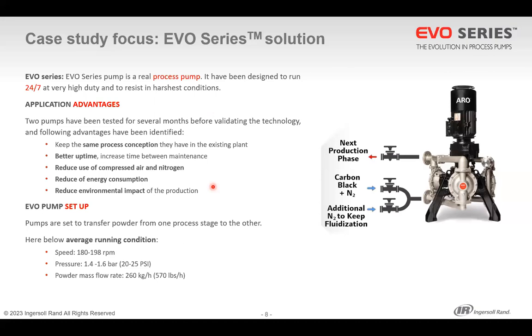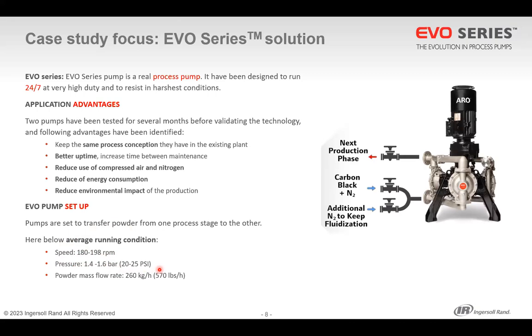Which was the setup in this particular video, the average setup, because of course, depending on the stage of the process, working parameters could vary a bit. But the speed of the pump is more or less the maximum speed, 180, 198 RPM. The pressure the pump developed, there is no need of pressure here. It's just enough to move the fluidized powder from one stage to the other.